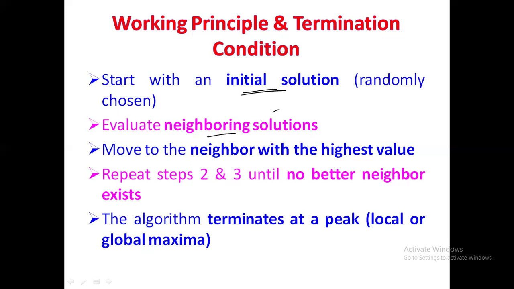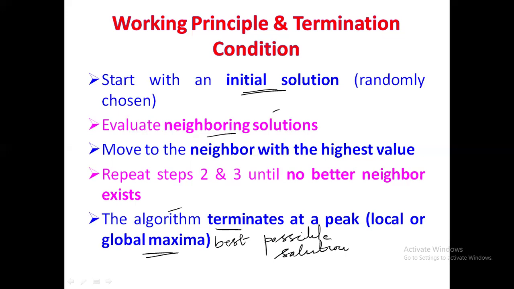This peak can either be a local maximum, where a better solution exists elsewhere in the search space, or a global maximum, the best possible solution. This global maximum, we are calling the best possible solution.